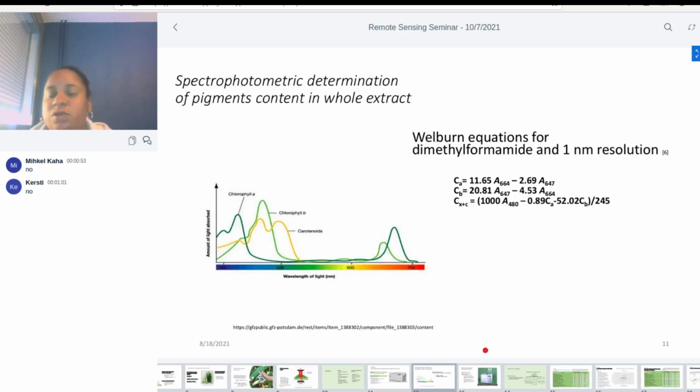To convert the results that we obtain in the spectrum into chlorophyll and carotenoid concentrations, we use the Wellburn equations that apply for our solvent, methylformamide, and for the resolution at which we obtain the absorbance.